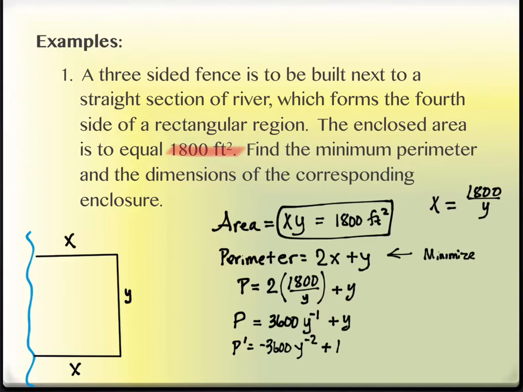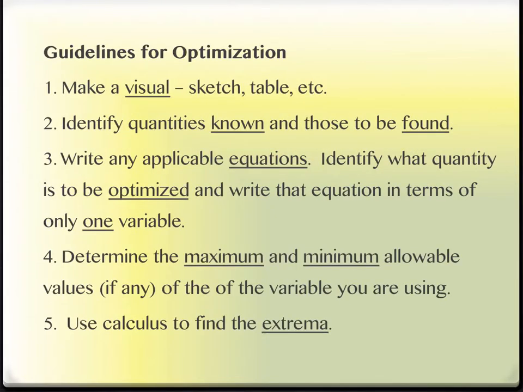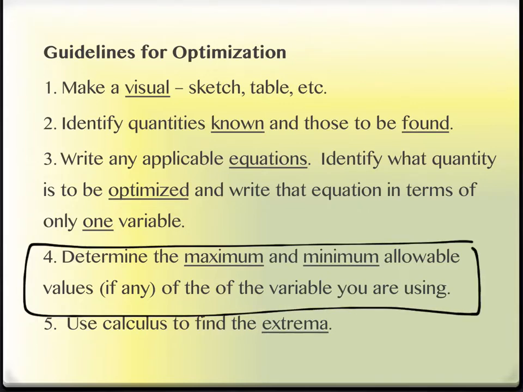In fact, if you take a look at values that make sense, that's actually part of this description too. It says determine the maximum and minimum allowable values, if any. We didn't really talk about them, but to find those, it means looking at it and saying what seems reasonable. Well, y can't be 0. That's not possible.